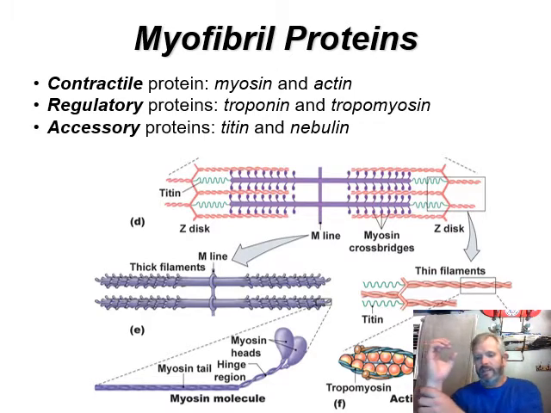Here's the head, and here's the hinge region. We get pivoting. These myosin heads are going to interact with these G-actin molecules, these little balls that make up the thin filaments.